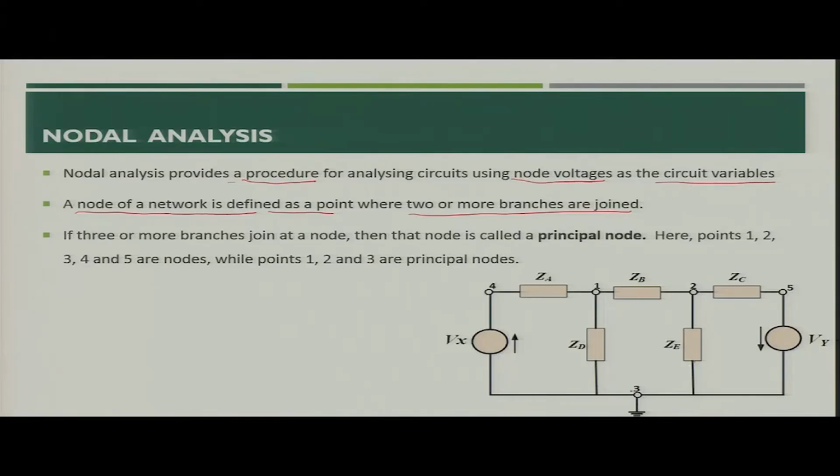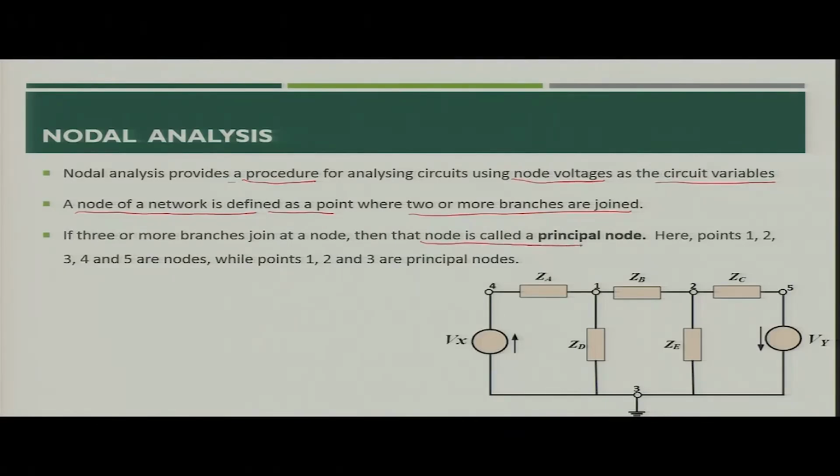Out of all those nodes, one node is considered as the reference node, that is node 3. Now, this node is different from that node in the sense that this node contains at least 3 branches and that node contains only 2 branches. What will we call this particular node?